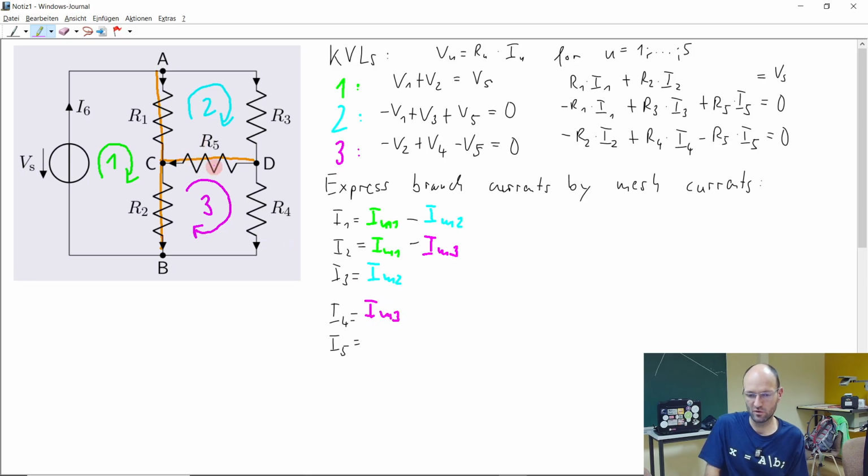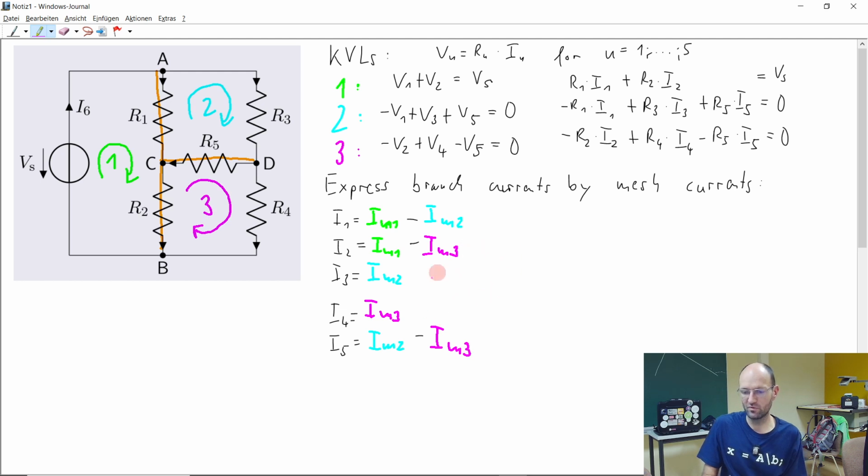And the current here through the resistor R5 in the center is... Yeah, it's IM2 because they have the same direction, and so it's IM2 minus IM3.